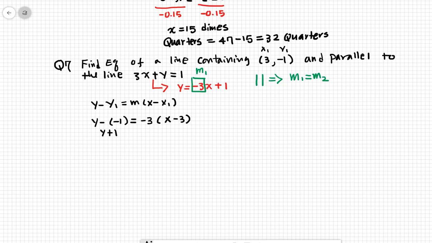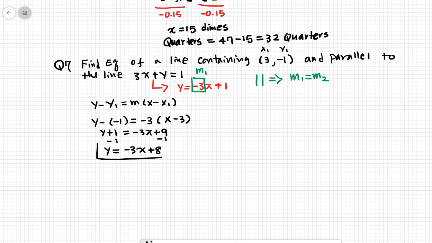I'm just going to expand this using the distributive property. So I have a minus 3x and plus 9. Now if we subtract 1 on both sides, then I have y equals minus 3x plus 8.